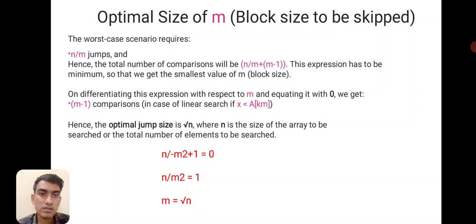Hence the optimal jump size is root of n, where n is the size of the array to be searched, or the total number of elements to be searched.